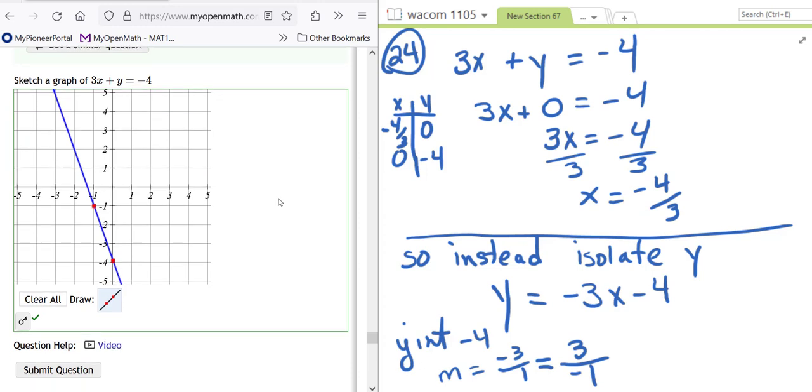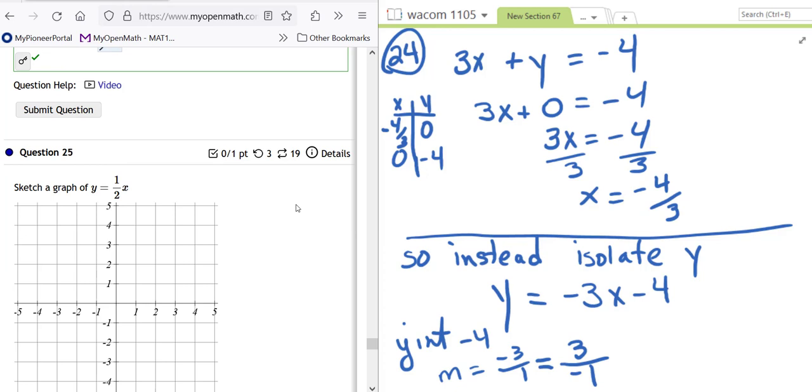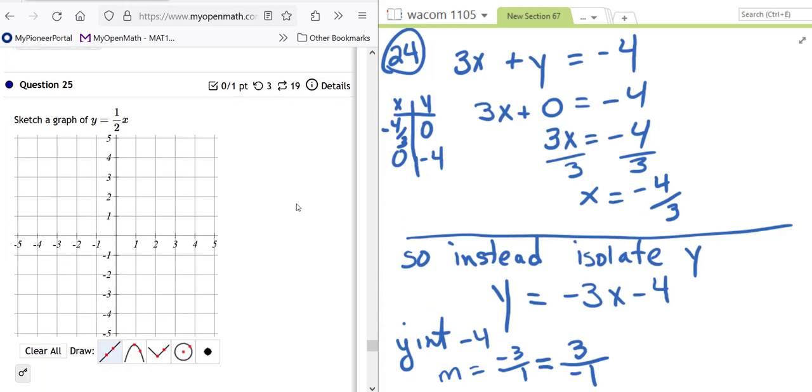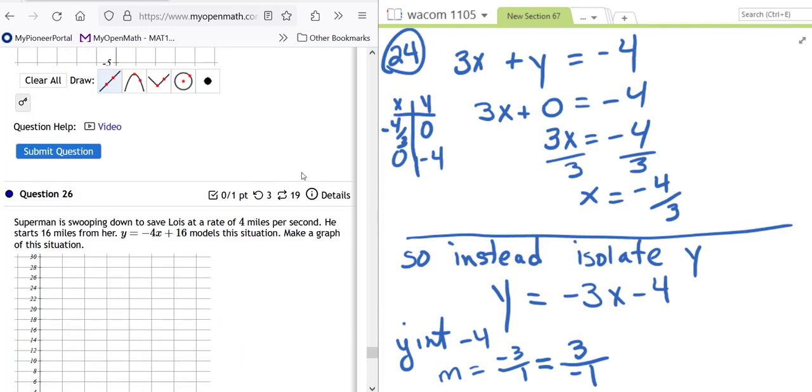So we had to try a few things there. The 25 is easy to do with slope. Your y-intercept is 0. So 0, go up 1 over 2. Make your second point. I'm not going to bother.